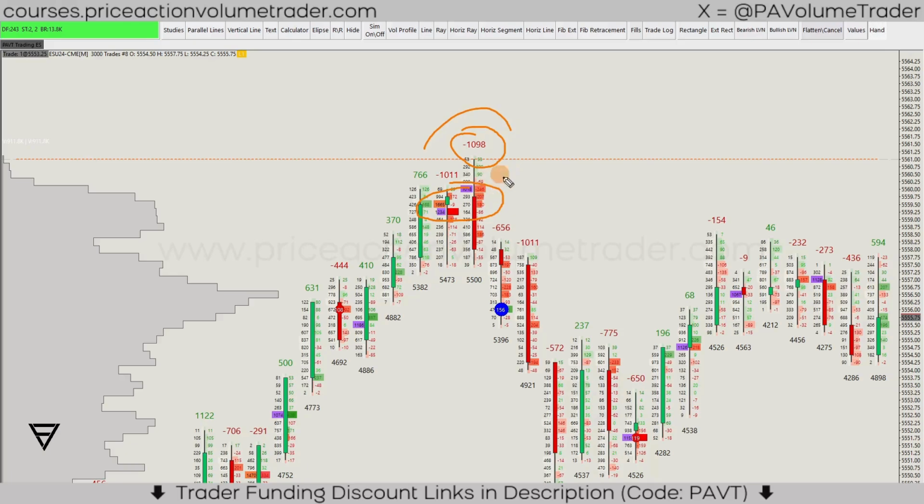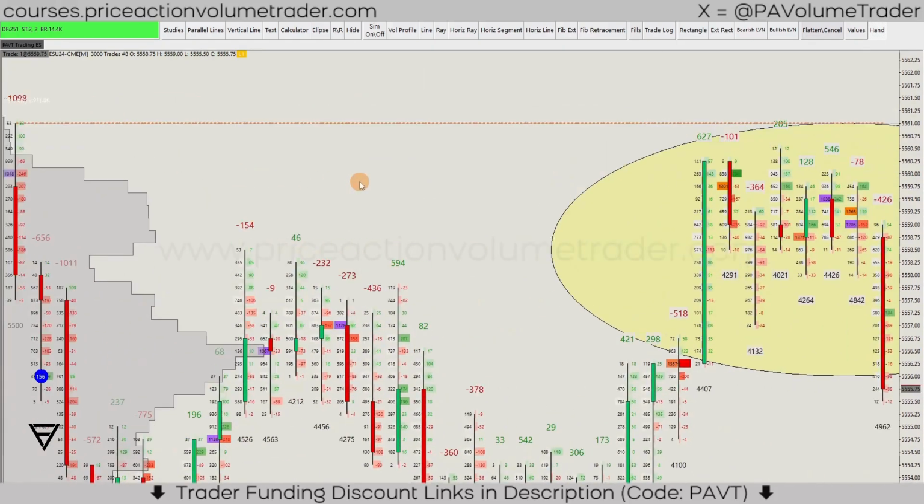So this is more indicative of possibly a top and a retracement over here. We don't have trapped aggressive buyers, we have aggressive selling, and then you can see a big reaction down. So this is going to be a very significant area now to focus on.